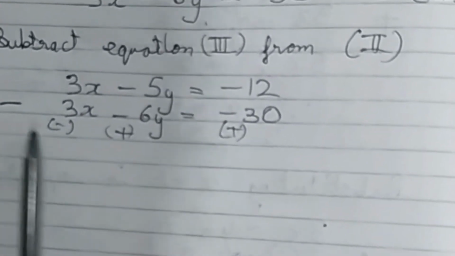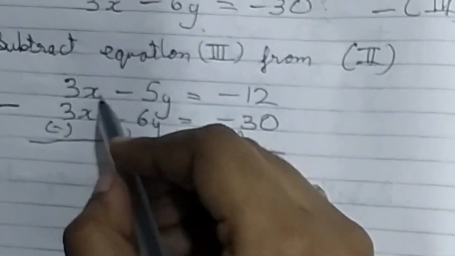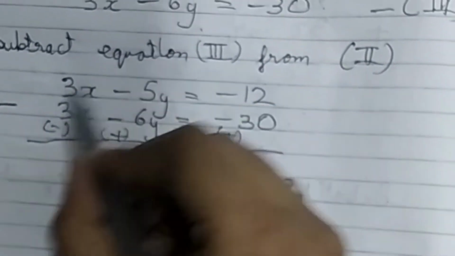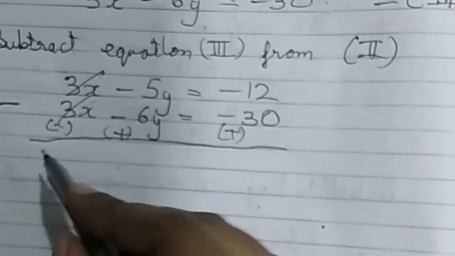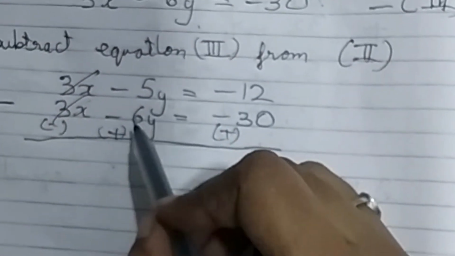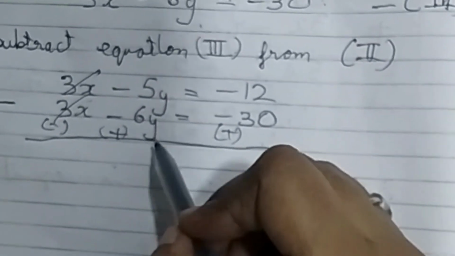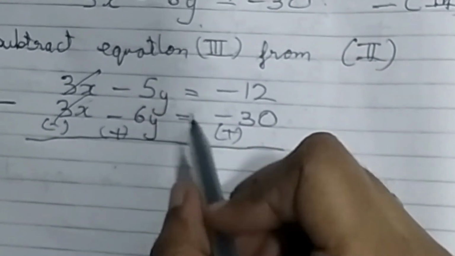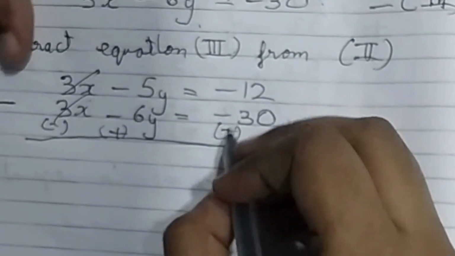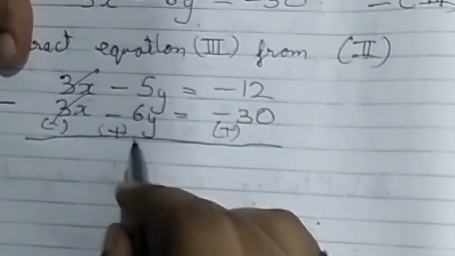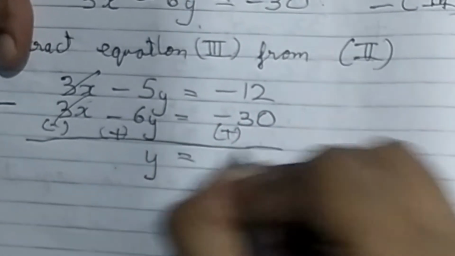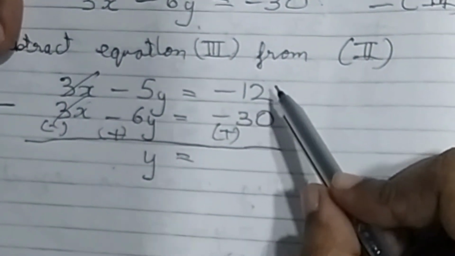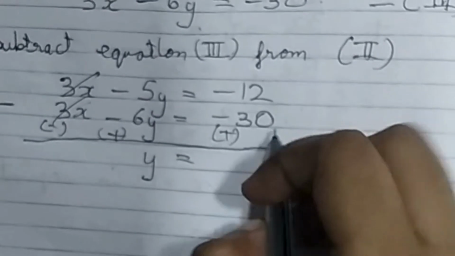So now 3x minus 3x, these two terms will get cancelled. Then 6y minus 5y, 6 minus 5 is 1, so y equals plus 30 minus 12. 30 minus 12 is 18.